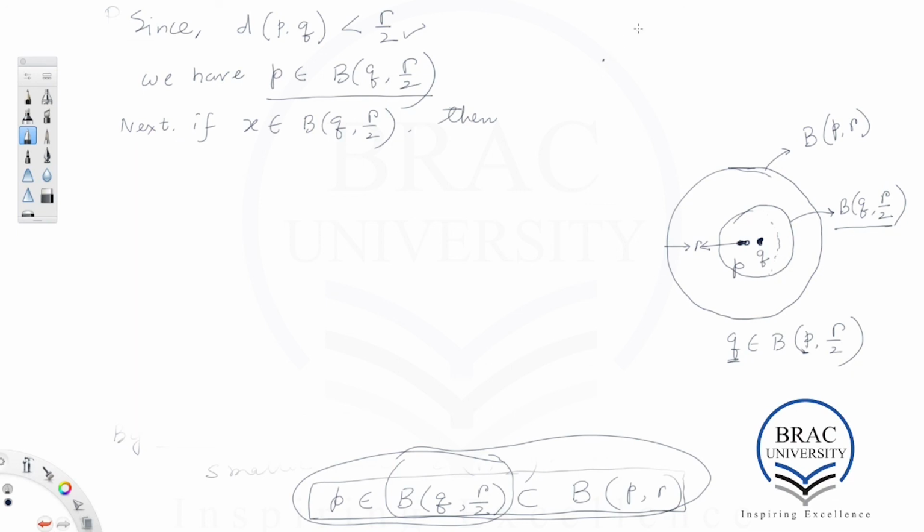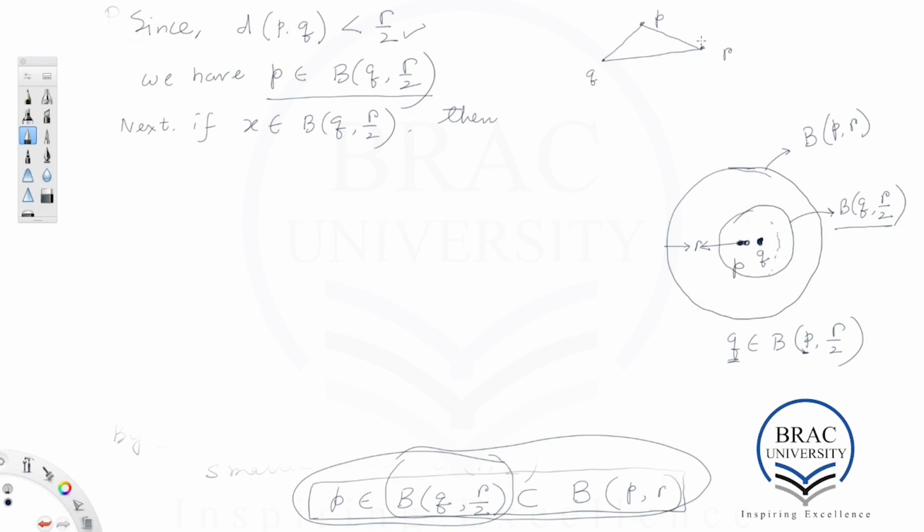You choose 3 points in your set, say Q, P, R. You can think of them as vertices of a triangle.